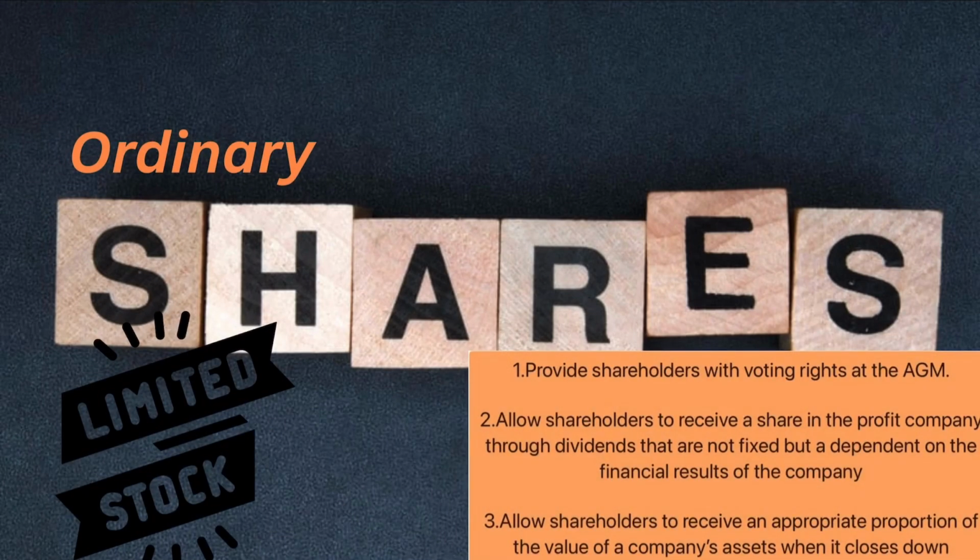So looking at ordinary shares, we will learn that they actually provide shareholders with voting rights at the AGM, which is the annual general meeting, and allow shareholders to receive a share in the profit of the company through dividends that are not fixed but are dependent on the financial results of the company, and also allow shareholders to receive an appropriate proportion of the value of a company's assets when it closes down.